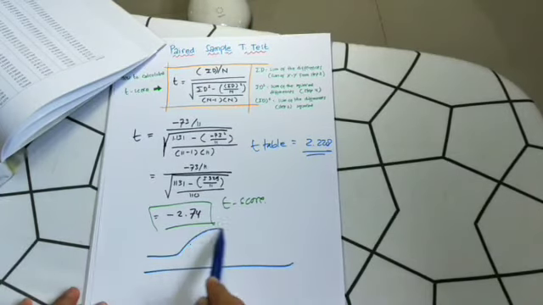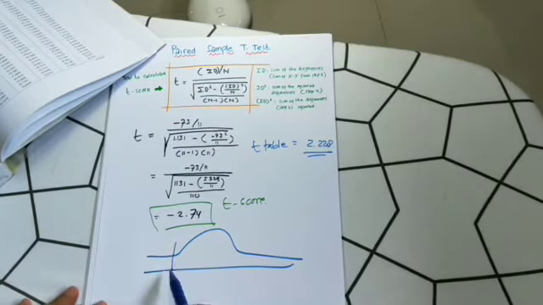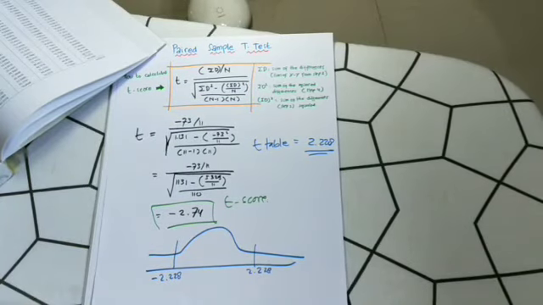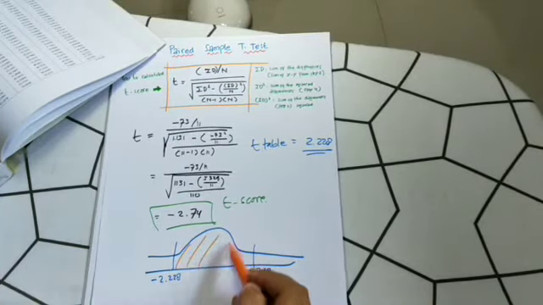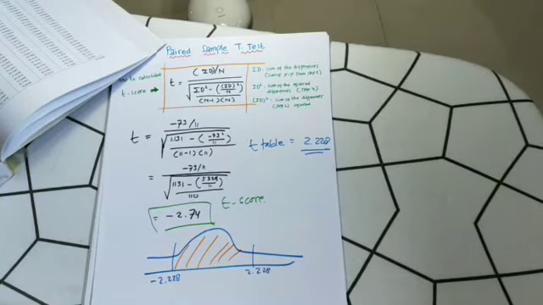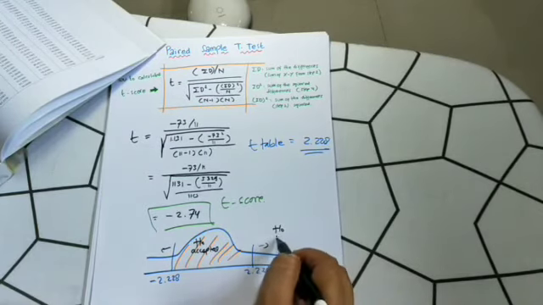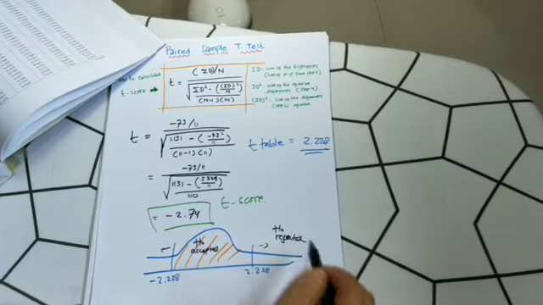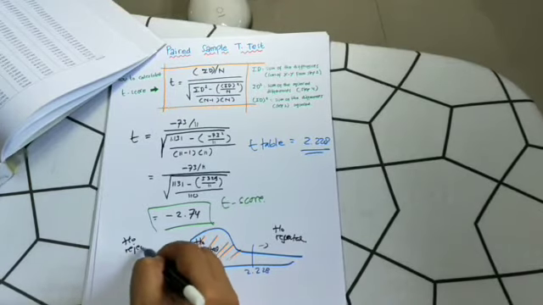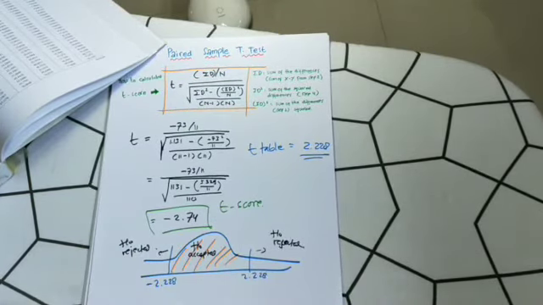Let's draw the graph here. This is your t-table, minus 2.228 and 2.228. Whenever you are inside this range, it means your null hypothesis is accepted. If it is more or less than this range, it means your null hypothesis is rejected. So where is minus 2.74?